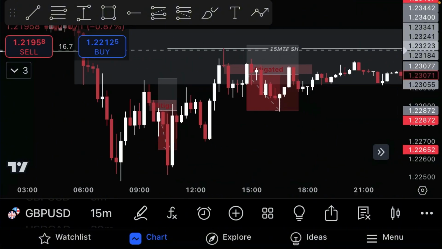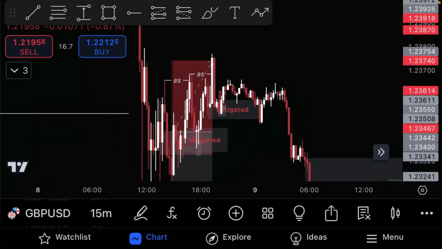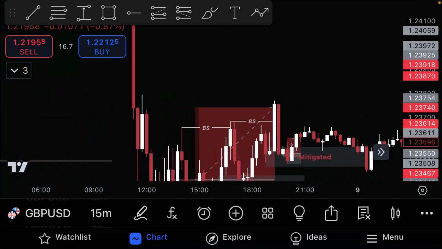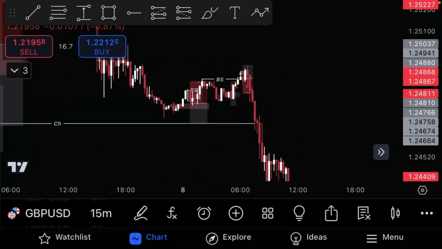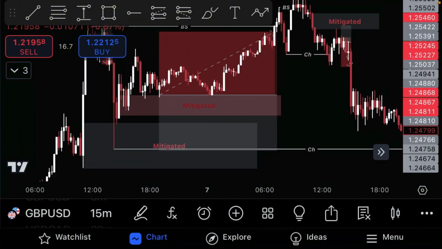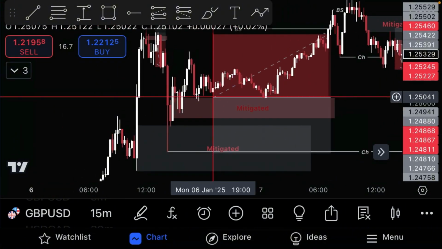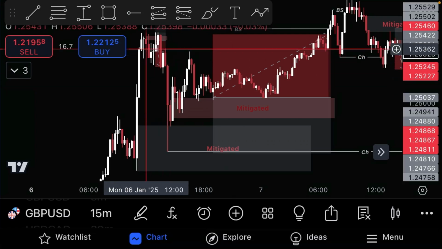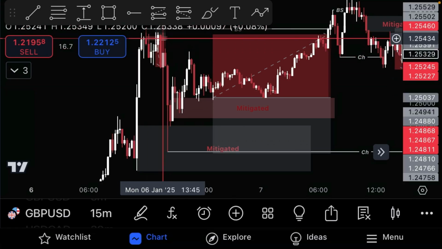I took this, I took this, I took this little one here, and I took these others as well, all for last week. If we go over this, we'll find that we took over 10 trades just last week, only on this British pound USD.